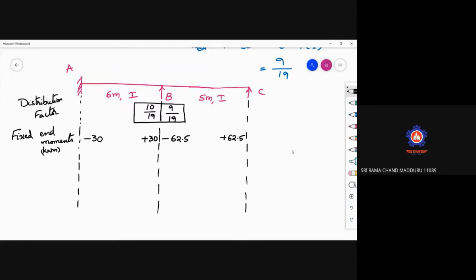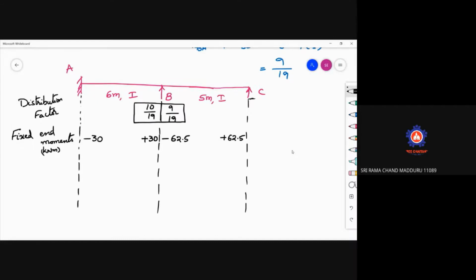The moment at the joint is equal to 0. At C, this is a hinge support. At hinge support, the moment is equal to 0. So when the moment at this point is equal to 0, you have to make it 0 by balancing.